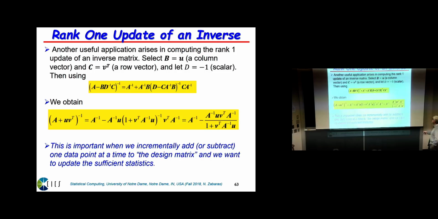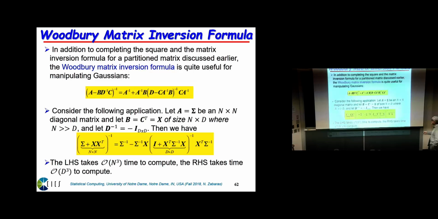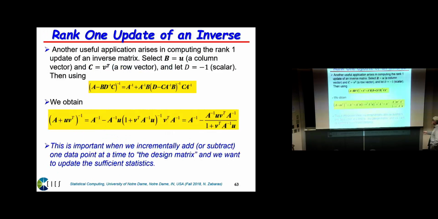Before, we added a bunch of data through this matrix X, but the simplest case would be if X is a vector and we have something like this, which is what is called a rank 1 update. You can see in that case the inversion is practically analytical.